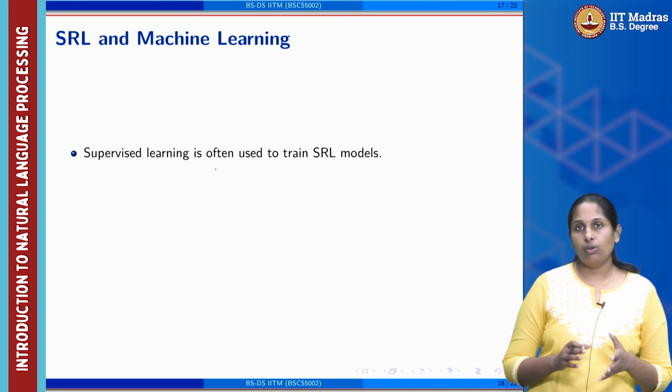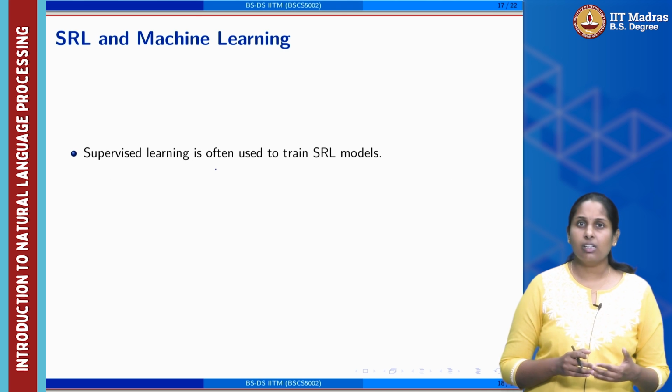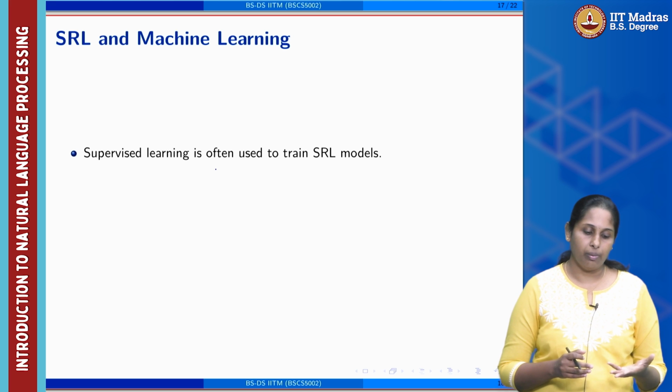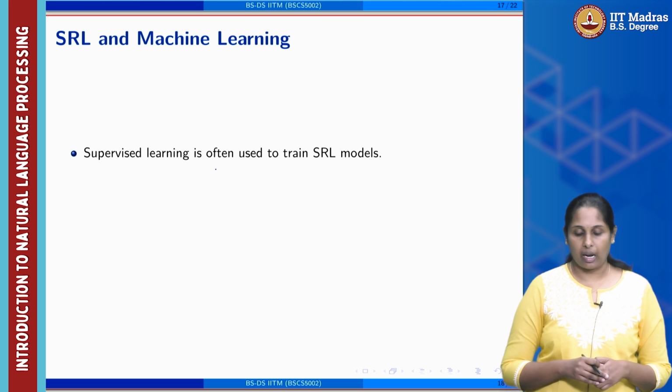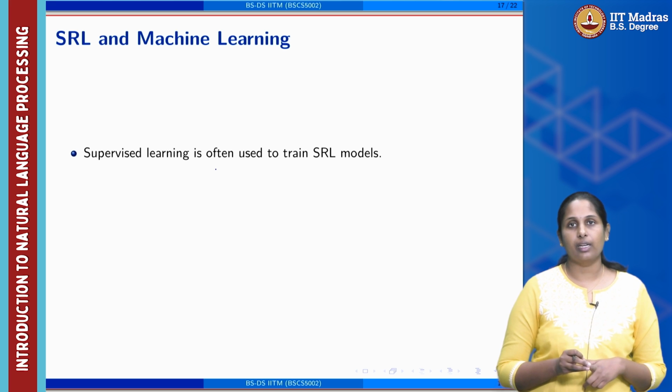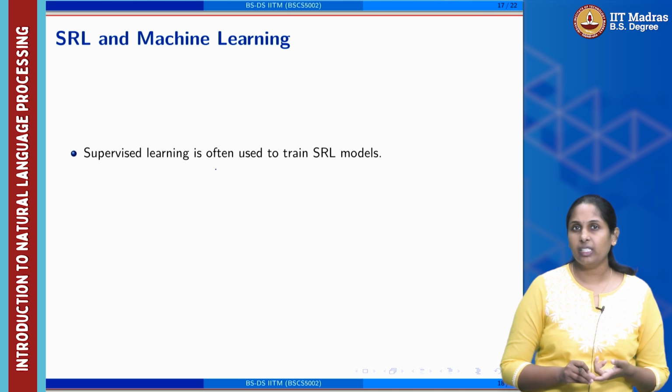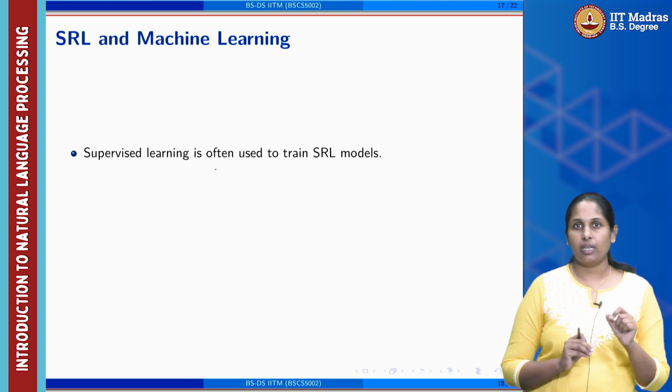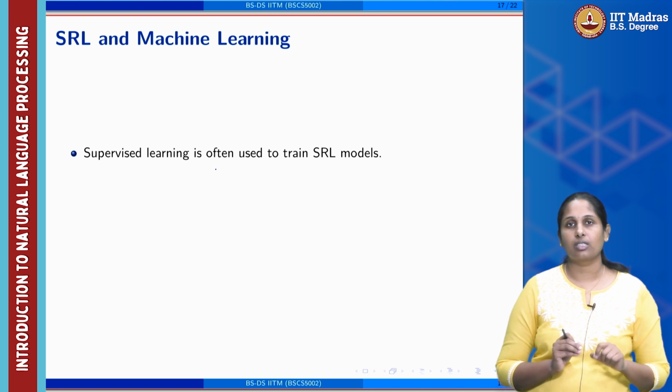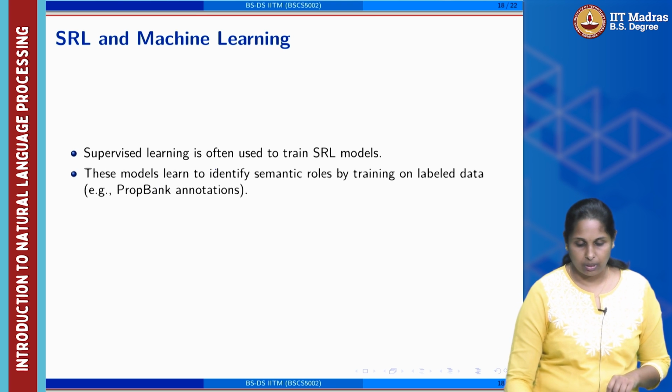So when we are looking at building an SRL, semantic role labeler, there are multiple techniques that can be used. One is supervised learning, where we need a training data set in which all the data are annotated with semantic role label information.